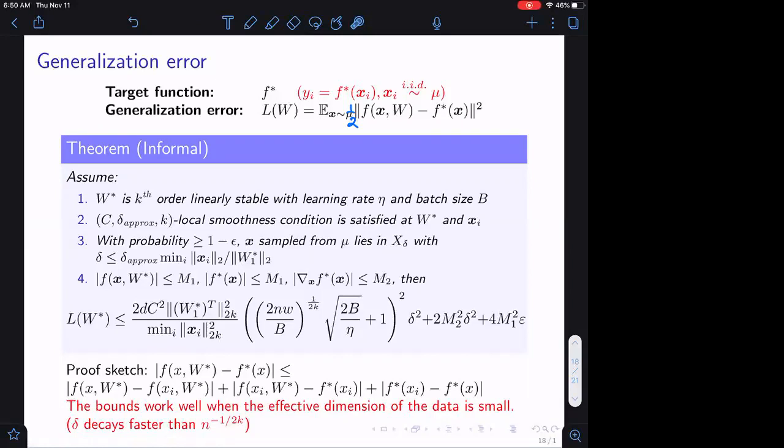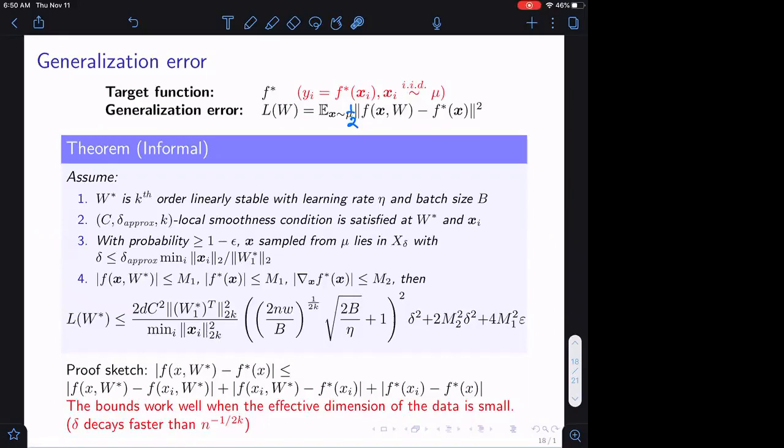Now, the theorem goes as follows. Here are all the assumptions that we made, and I claim that these assumptions are reasonable. First, the ground truth neural network weight that I find, the limit of the SGD W star, is K order linearly stable, with a fixed mini batch size and a fixed learning rate. Now I need this second technical condition, which I talked about earlier. In order to move away from the training data, I have to study the neighborhood of the training data, so I also assume the same assumption here. The third assumption is on the data set.